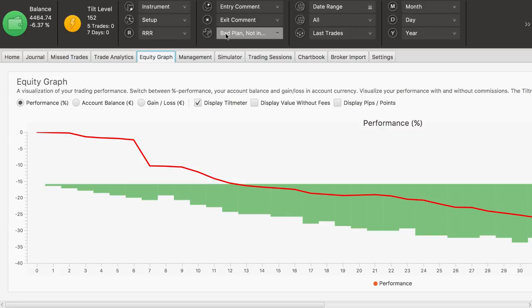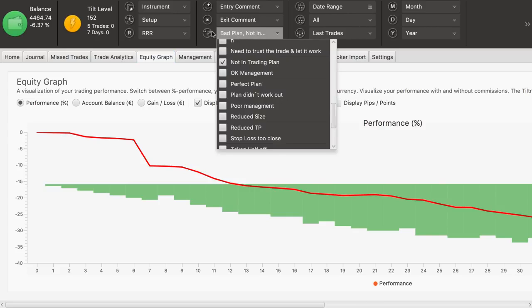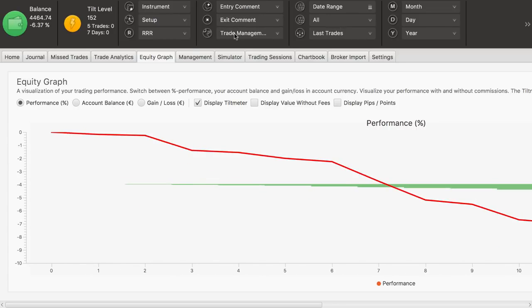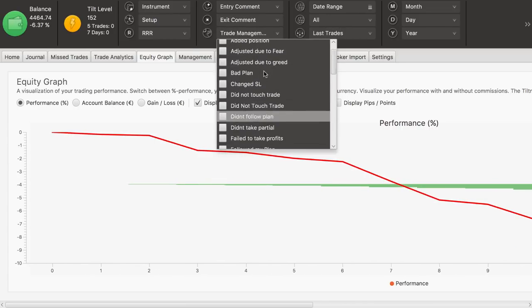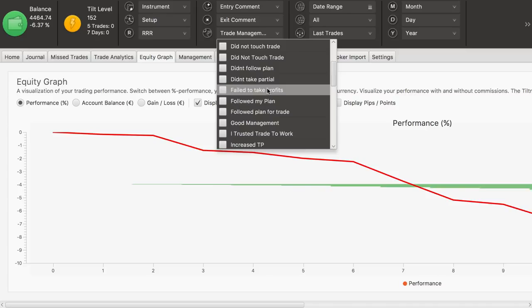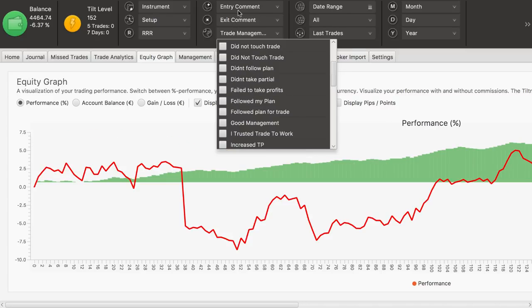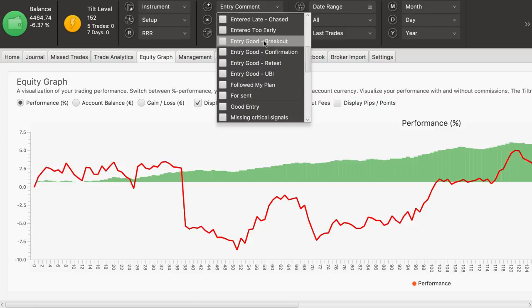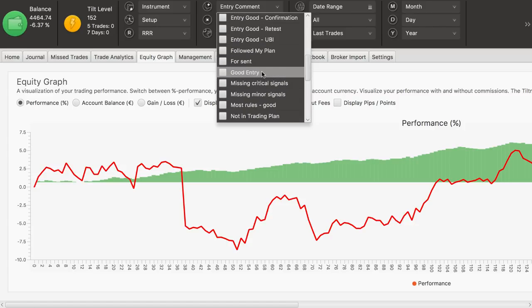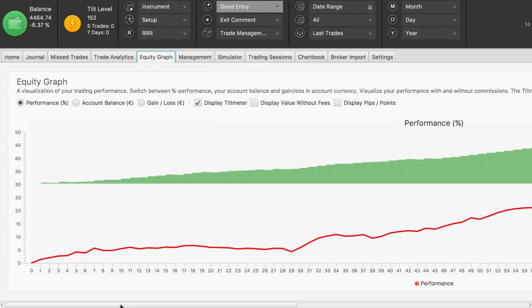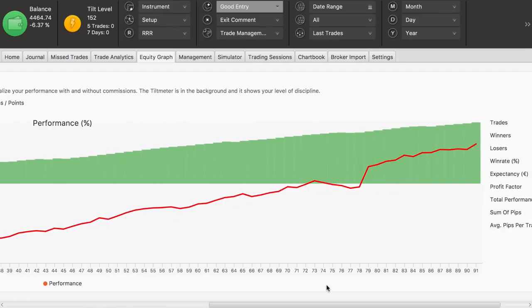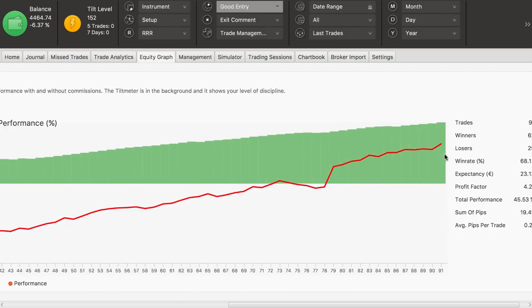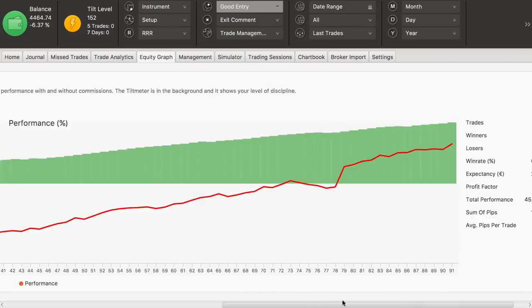Let's actually take a look here, let's clear those first, because he also used an entry comment which is called "good entry". So let's just take a look at what those say for him. And you can see the trades where he entered trades that are actually a good entry, they end roughly here.